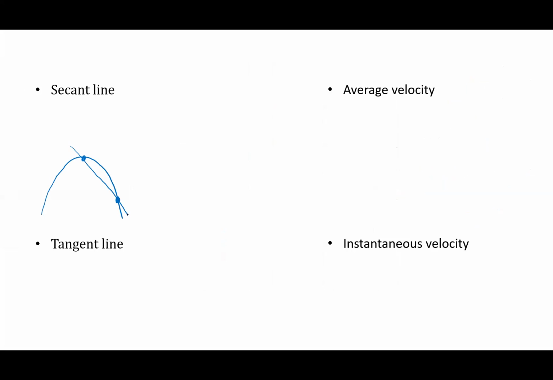Secant comes from the root word secans, that's Latin for cutting. So that's why they called it a secant line, because the secant line cuts through a curve.